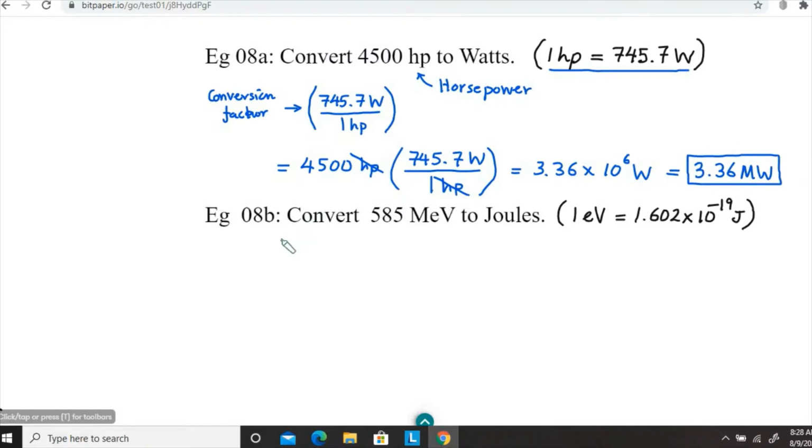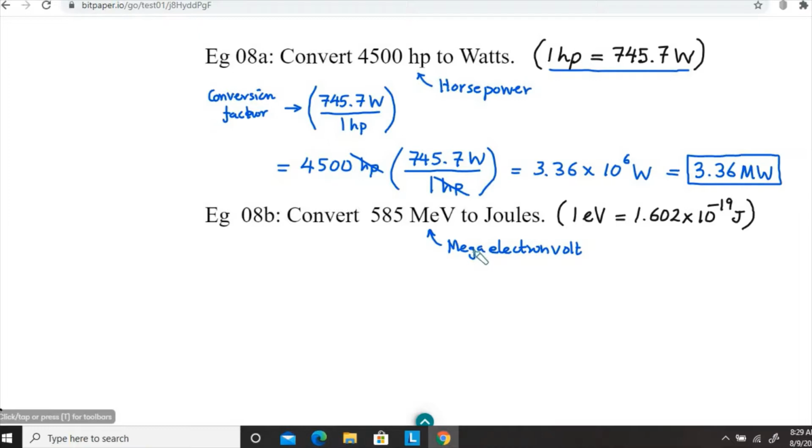Now similarly, example number 8b, we have to convert 585 mega electron volts to joules. So MeV stands for mega electron volts. This is a unit of energy.